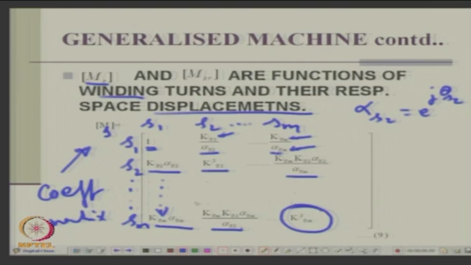So, the diagonal elements will not have any phase displacement because they are all self of their own windings, S1, S2, Sm. Okay. Is it okay? It is due to forward and backward fields. Okay.